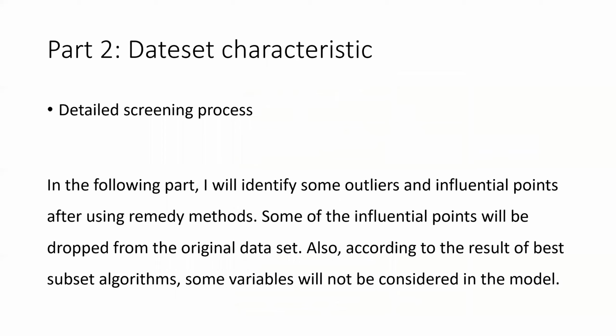The detailed screening process is as below. In the following part, I will identify some outliers and influential points after using remedy methods. Some of the influential points will be dropped from the original dataset. Also, according to the result of the best subset algorithms, some variables will not be considered in the final model.